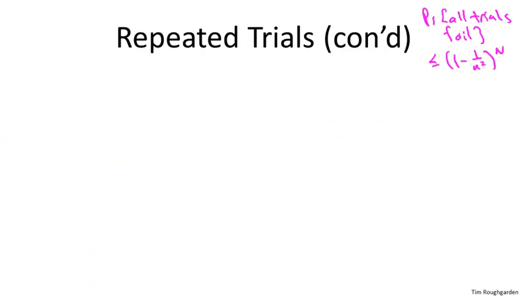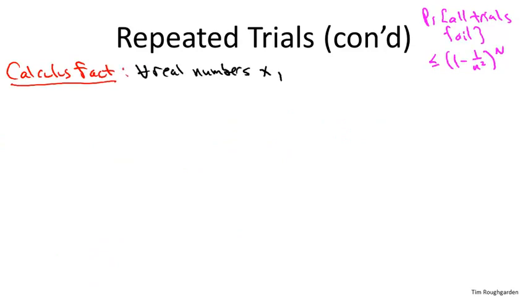So for all real numbers x, we have the following inequality. 1 plus x is bounded above by e to the x. So I'll just give you a quick proof by a picture. So first think about the line 1 plus x. What does that cross through? Well, that crosses through the points when x is minus 1, y is 0, and when x is 0, y is 1. And it's a line, so this looks like this blue line here.